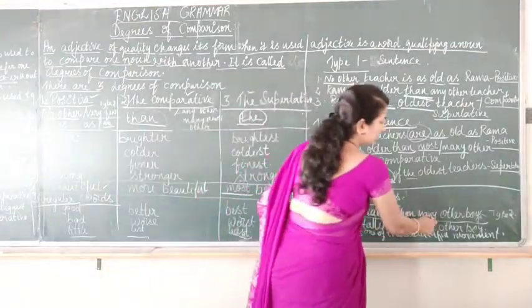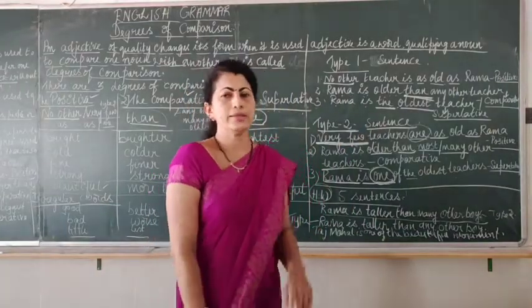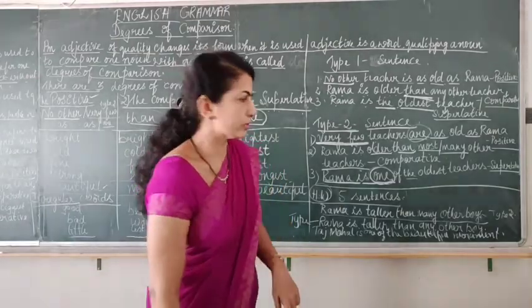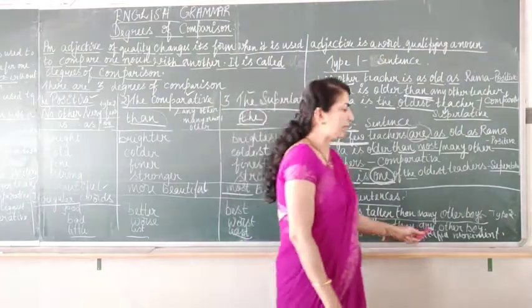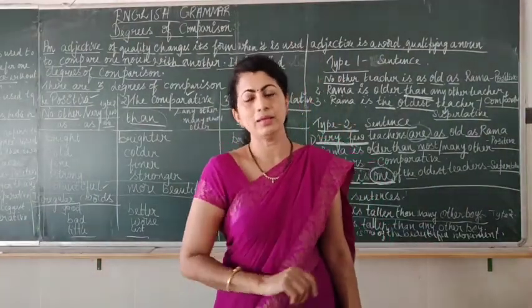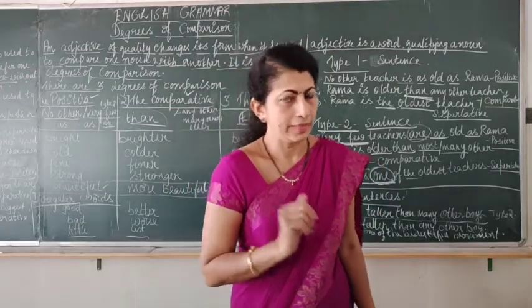Rama is taller than many other boys. Type 1 or type 2? It is type 2, isn't it? You change it into other degrees of comparison. Here, Rama is taller than any other boy. Which type? Type 1 or type 2? It is type 1.